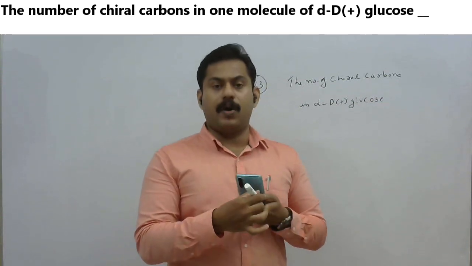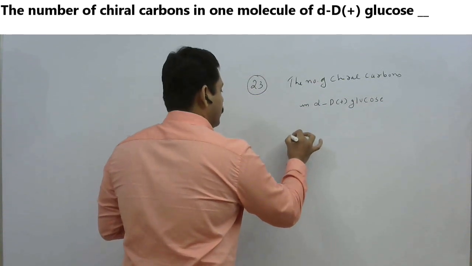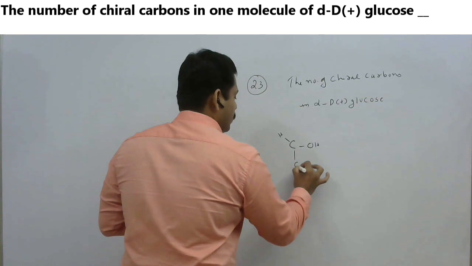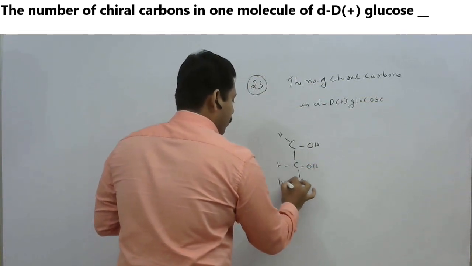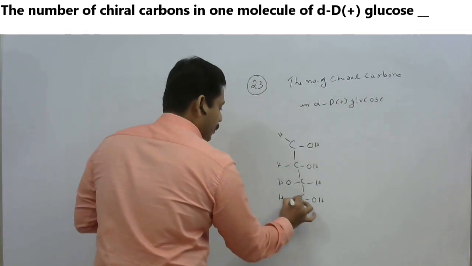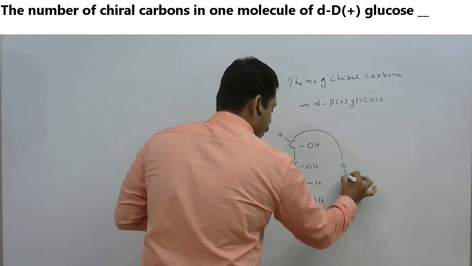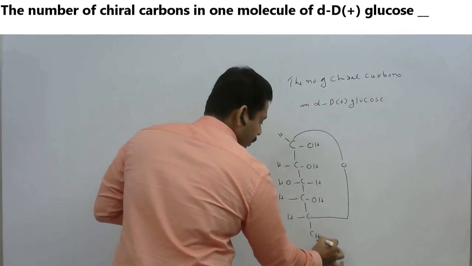This is a cyclic chain only, and we know this: H, OH, second carbon, third carbon, fourth carbon, fifth carbon, and finally sixth carbon.